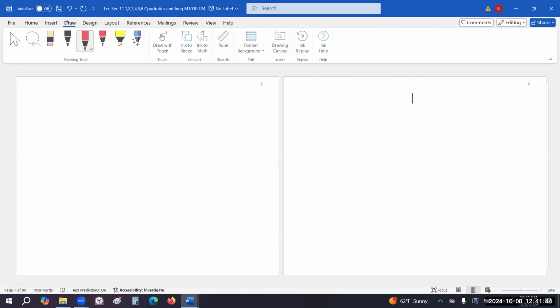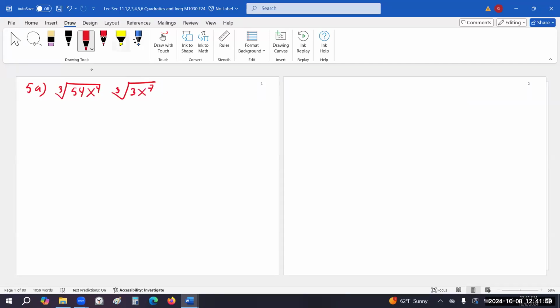It was from the final exam. In the final exam, it was given: cube root of 54 x to the 4, cube root of 3 x to the 7. So we multiply, or we put together the numbers and we put together the variables.